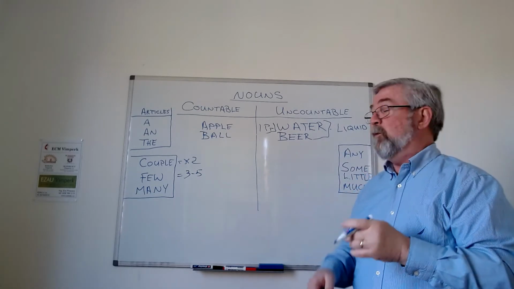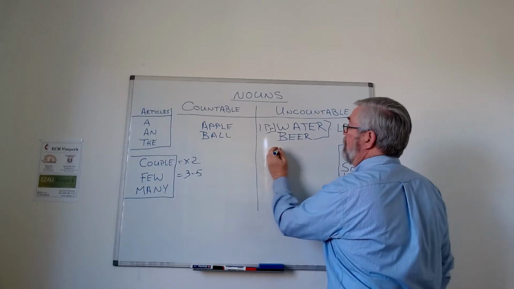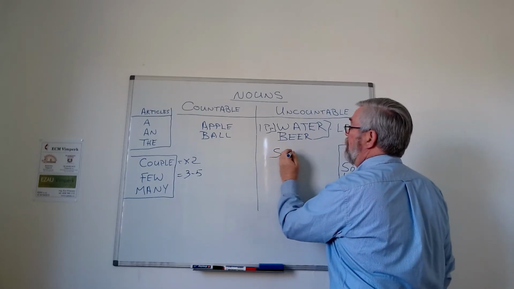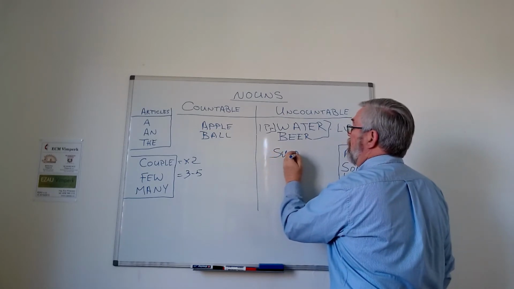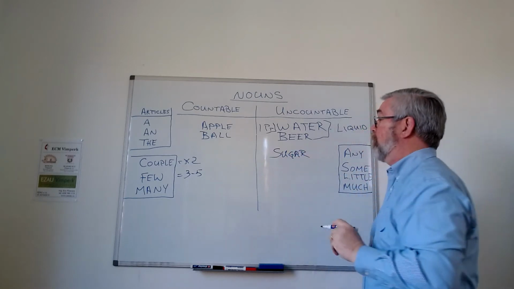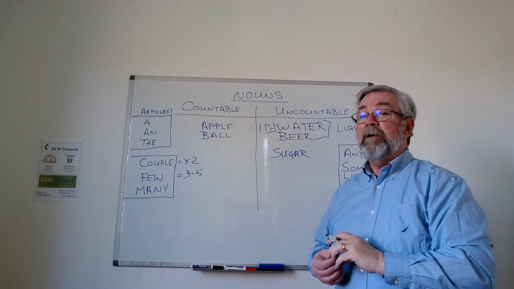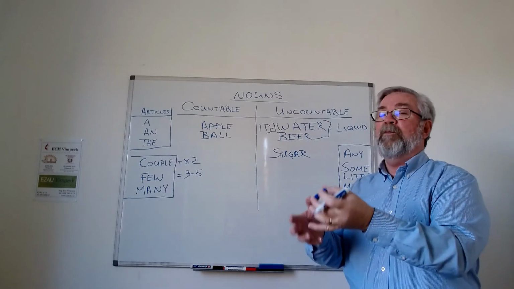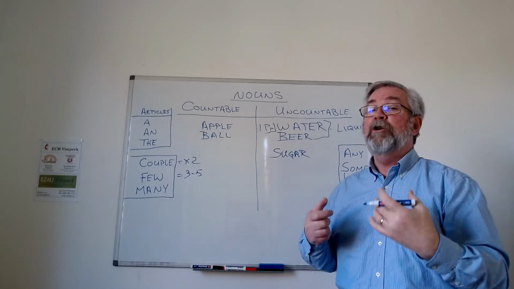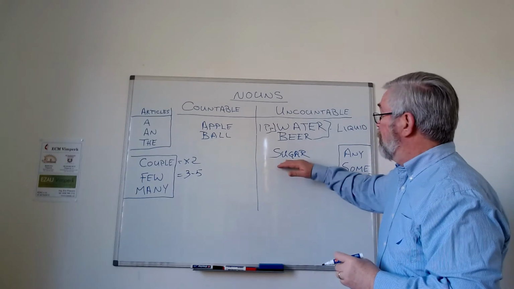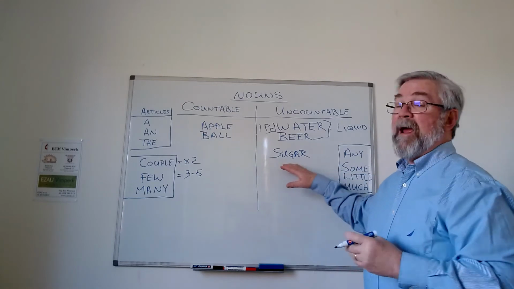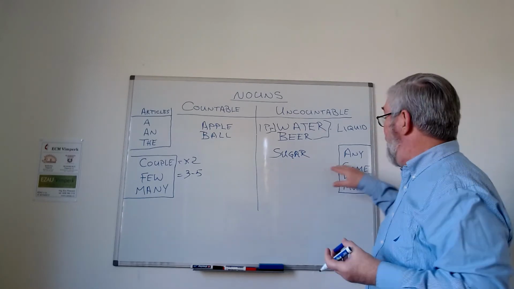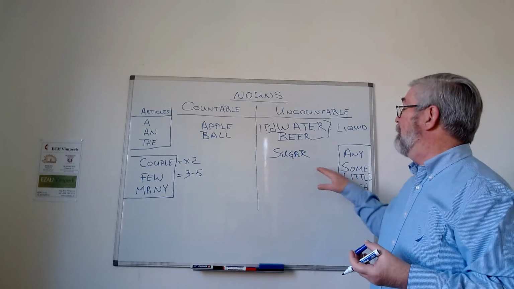Another uncountable would be sugar. Sugar is an uncountable. You cannot put a quantity on sugar. So with sugar, you would say, do you have any sugar? Or I need a little sugar.